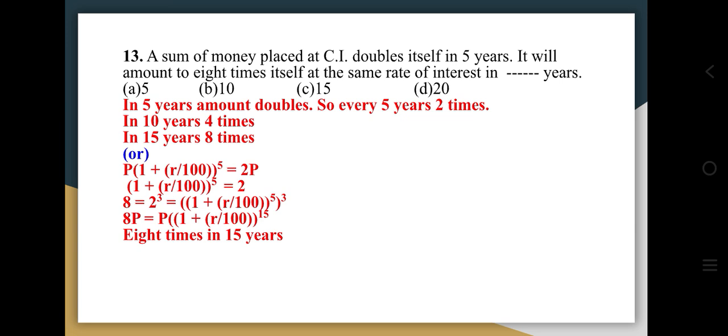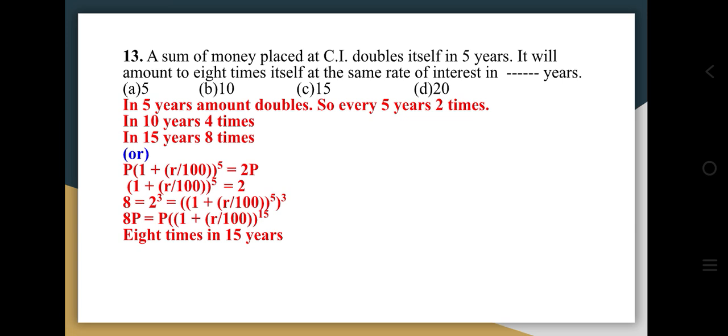Or we can use the formula P into (1 plus R by 100) power N is the amount. Here the amount is 2 times the principal amount. So P into (1 plus R by 100) power 5 is 2P. If you cancel P, you get (1 plus R by 100) power 5 equal to 2. But we want 8 times. So 8 is 2 cube.